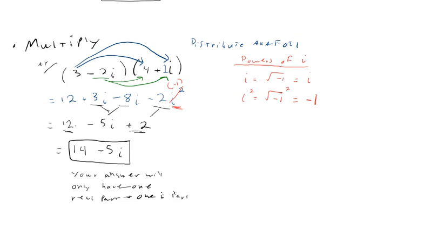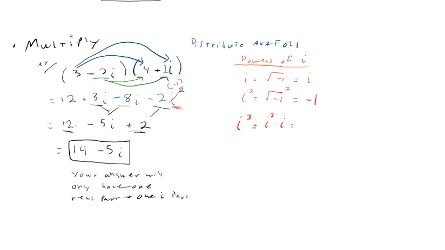So i squared is negative 1. i cubed, if we have an i to the 3rd power, well, that's just like saying i squared times i. i cubed is like an i squared piece and a regular i piece together. There's a 2 and a 1. We have 3. 2 i's times 1 more i makes 3 i's. i cubed is i squared times i.